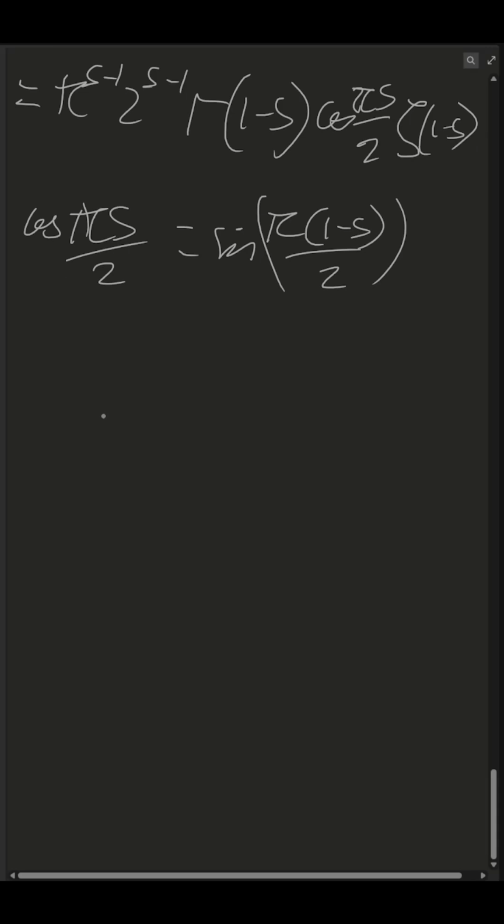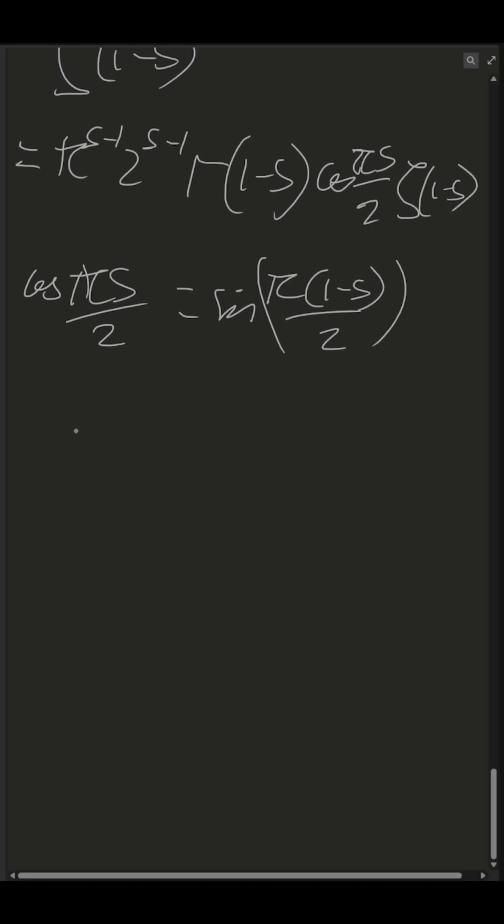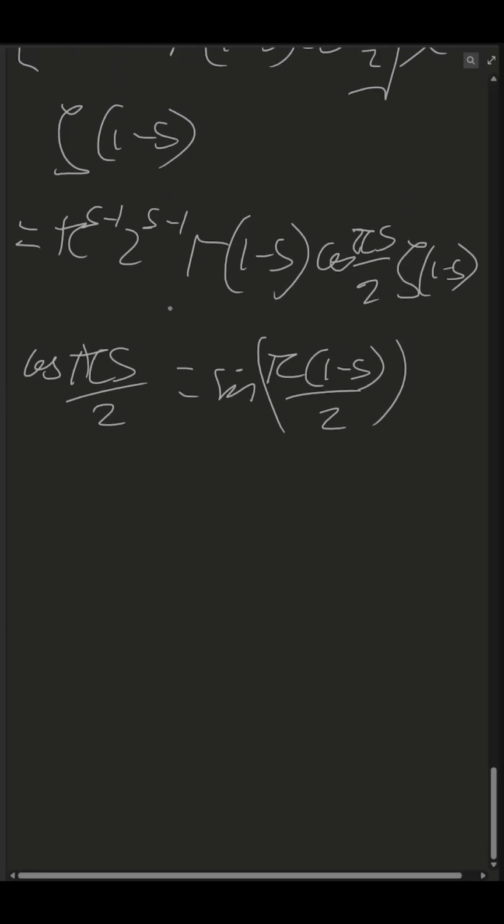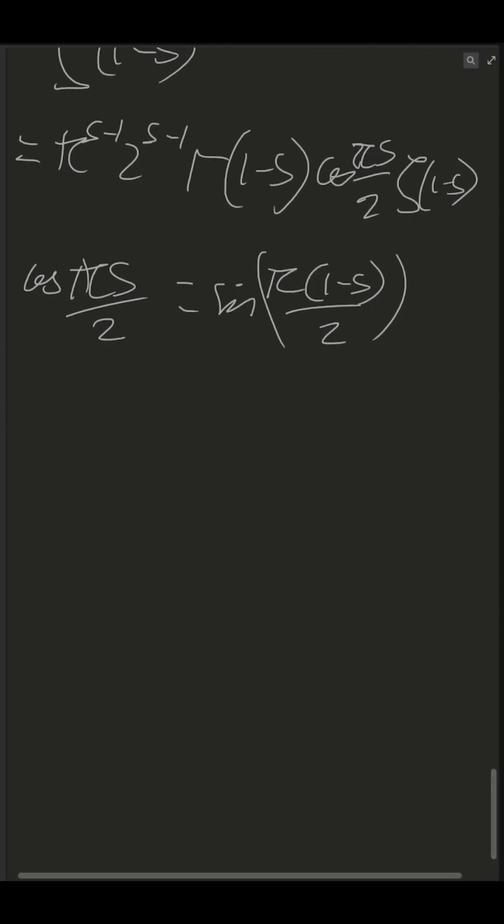Cos alpha is equal to sine of pi over 2 minus alpha, because they're phase shifted. Anyway, because that's true, our final zeta function, because now we're going back on our substitution from earlier, where we said that the function for 1 minus s is the same as the function for s, we can finally say, and I don't think I'm going to have enough space to write this, so I'll try my best to do it quite small.